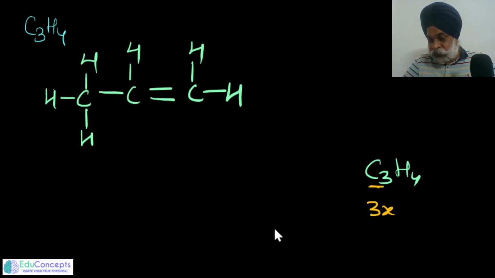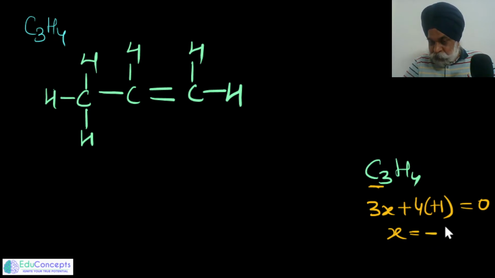If I want to find the oxidation state of this carbon, 3x plus 4 into +1, because hydrogen is less electronegative than carbon, this is equal to 0. So x comes out to be -4/3. This is the oxidation state we get from this formula.